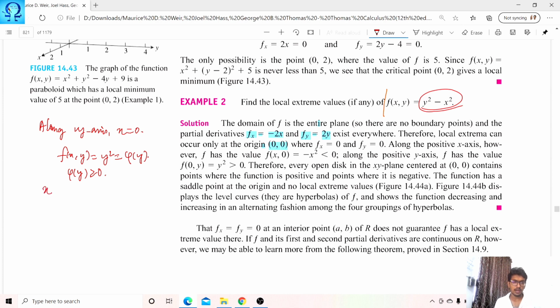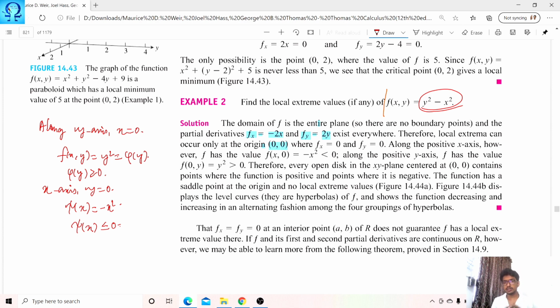Similarly, if I take along the x-axis, that is when my y is 0, my function becomes minus x squared. So this function is a non-positive function. Here I can find only the maximum value, not the minimum value.